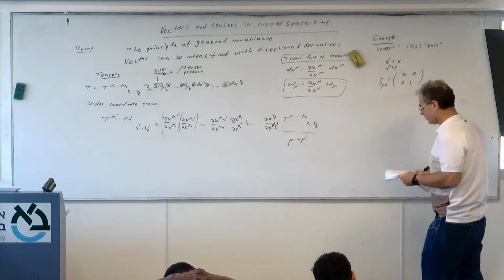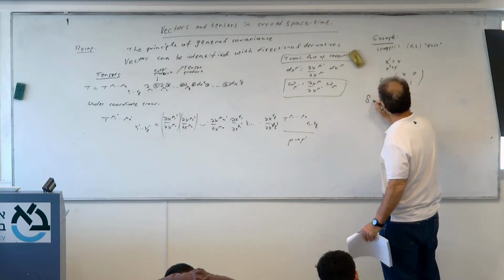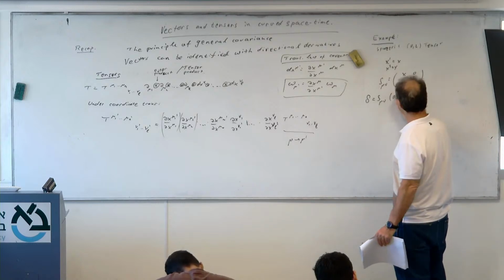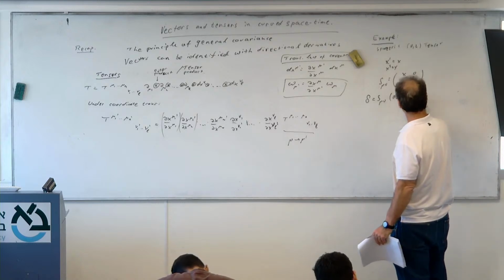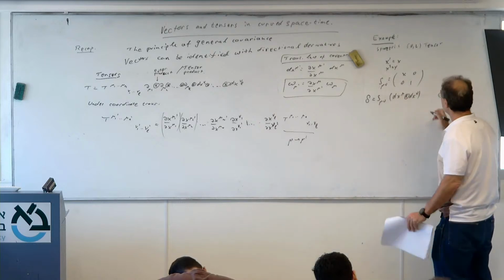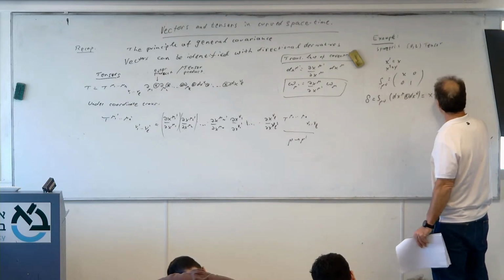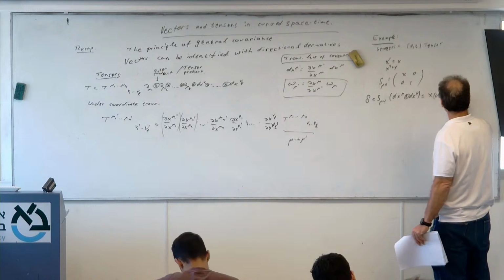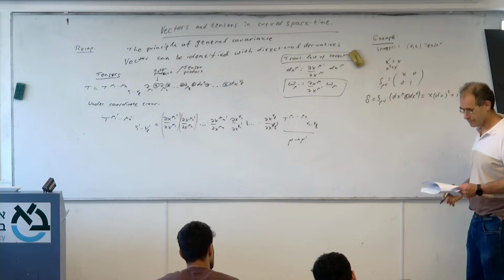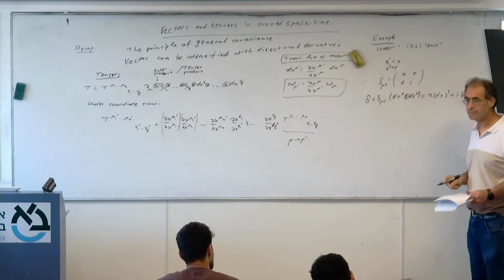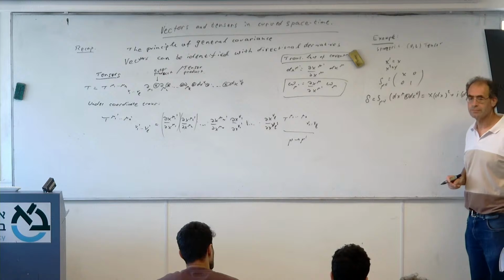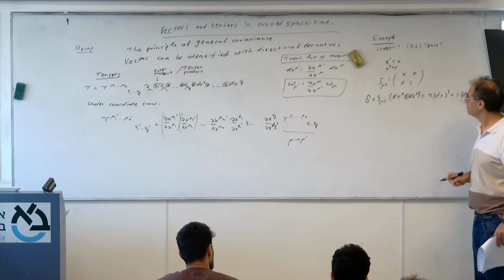So the tensor is S_{mu nu} dx^mu dx^nu. What we really have here is x times dx squared plus 1 times dy squared. When you say 0,2, it's 0 vectors, 2 covectors, always in that order.